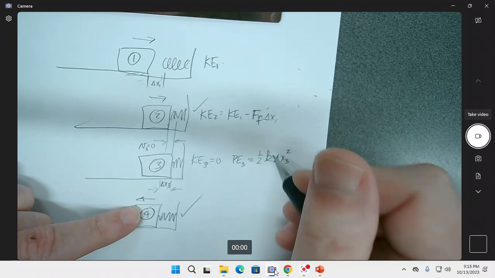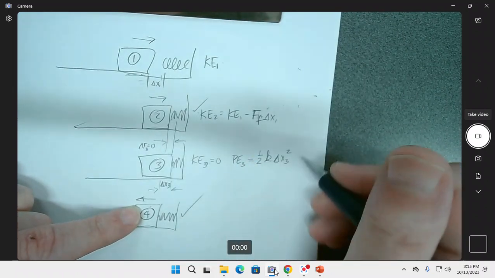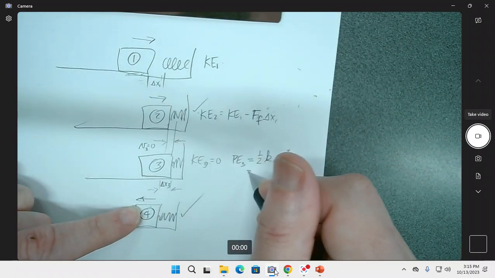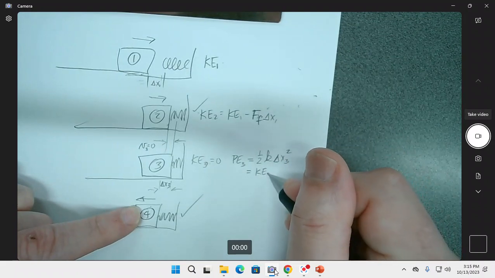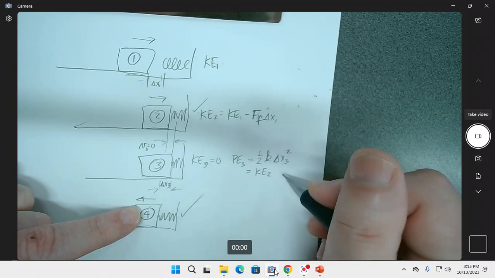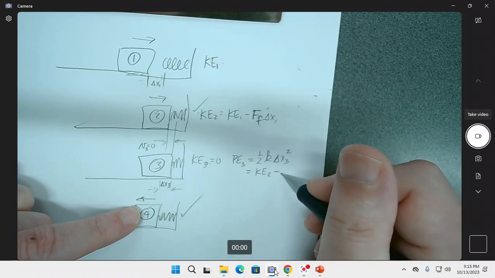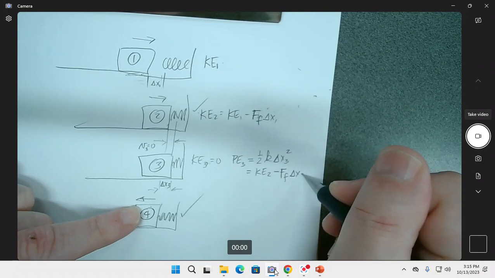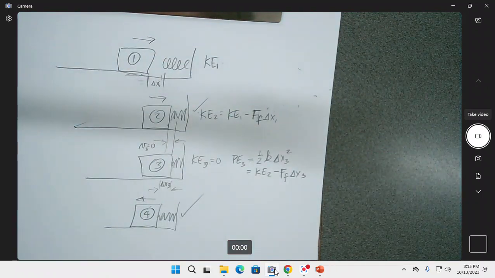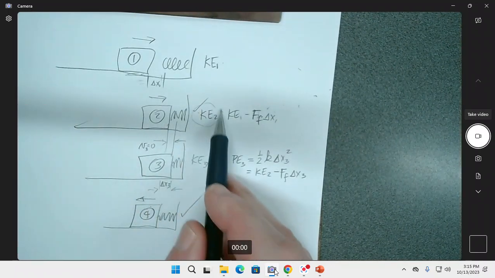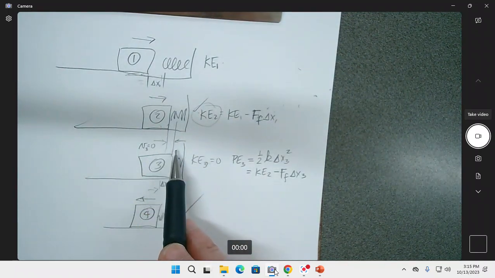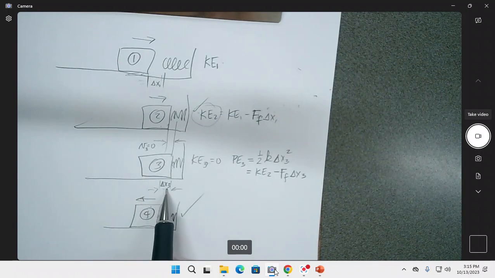But that's also going to be equal to kinetic energy 2 minus friction force times delta X3. So you have this amount of kinetic energy right in this state, but then it traveled delta X3 until it got to where it stopped.